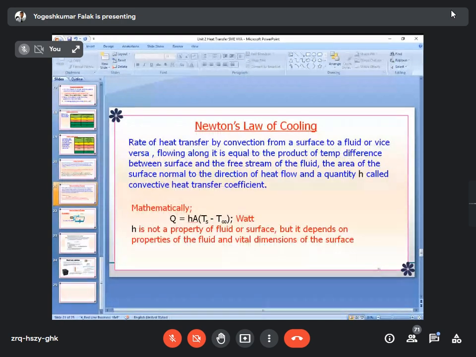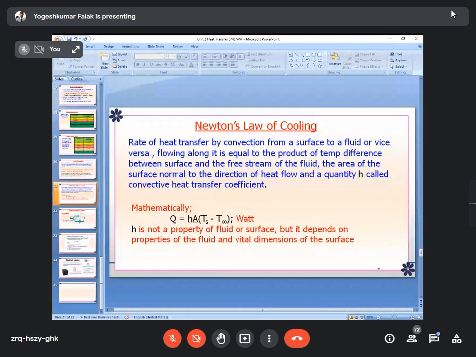Now, students, write down Newton's law of cooling. It relates to convection. The rate of heat transfer by convection from a surface to a fluid, or vice versa, flowing along it, is equal to the product of the temperature difference between the surface and the free stream of the fluid, the area of the surface normal to the direction of heat flow, and the quantity h called the convective heat transfer coefficient.